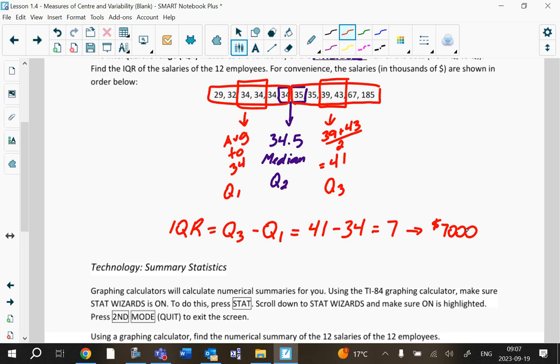How are we doing with graphing calculators? How many have them with you right now? 1, 2, 3. How many would have them tomorrow? But you guys aren't here. Okay. Well, somehow you're going to have to pair up with somebody. Because I want to show you how we find all these values using a graphing calculator.